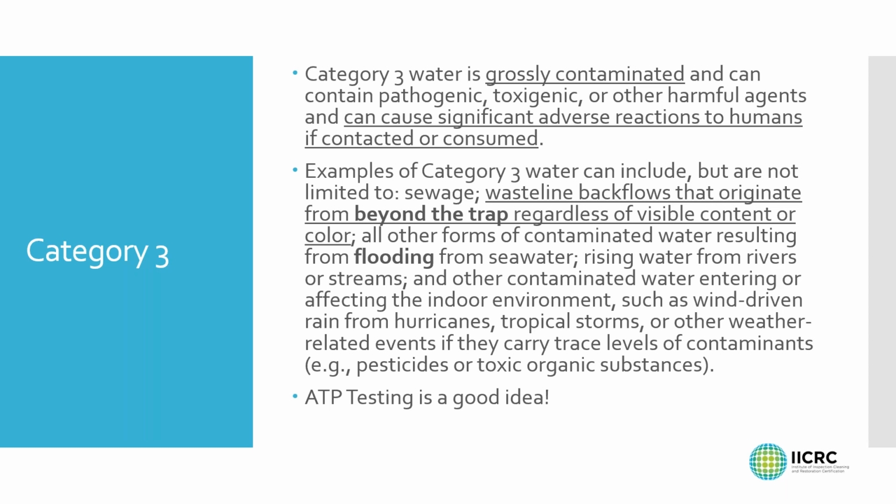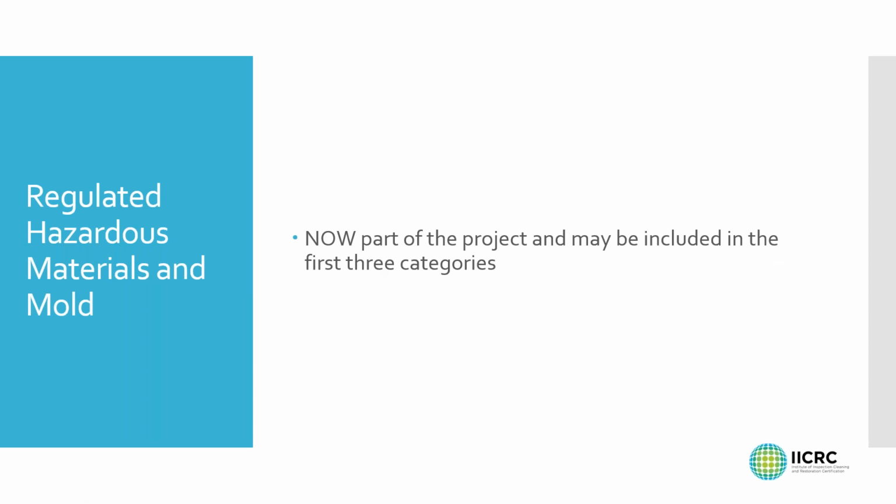So ATP testing, again, is a way that you can do that, and you can look those up on the internet for a source or go to any of the suppliers that supply our industry and they would have those available. The meter is about $1,500, just in case you're wondering, and then the tests can be charged through Xactimate by test. As we go forward, the last part of this on categories is regulated hazardous materials and mold.